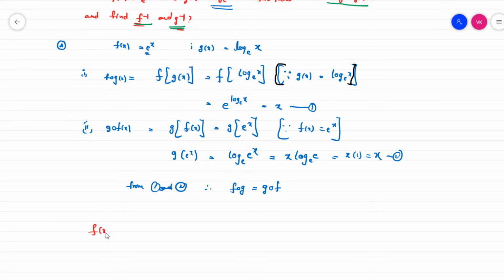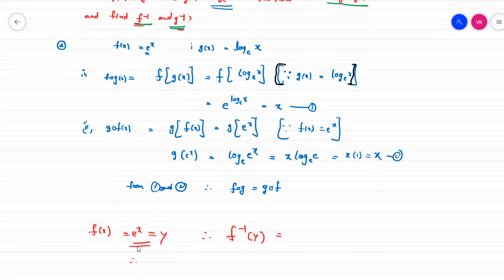We know that f of x is equal to e power of x, that is equal to y. Then f inverse of y is x. So e power of x is equal to y, and we have to find the x value.